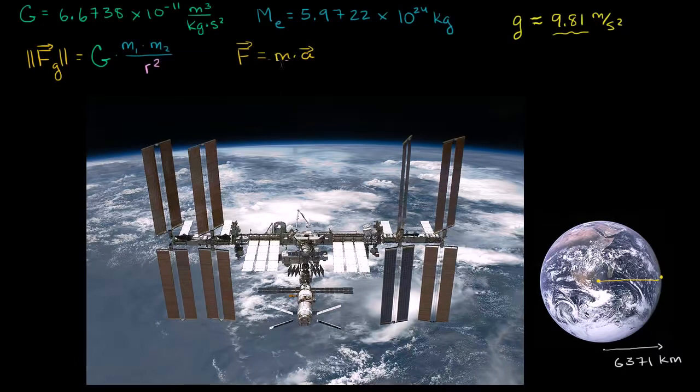And if you wanted to solve for acceleration, you just divide both sides by mass. So force divided by mass is equal to acceleration. Or if you take the magnitude of your force and you divide by mass, you're going to get the magnitude of your acceleration. This is a scalar quantity.